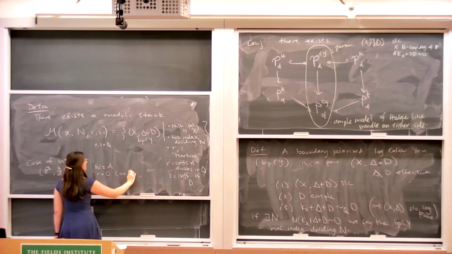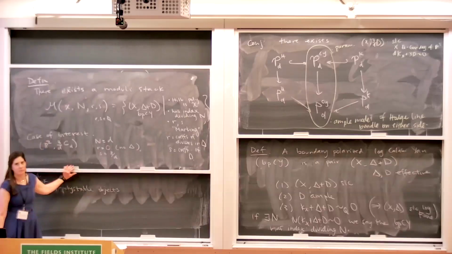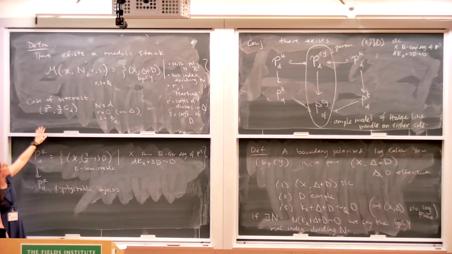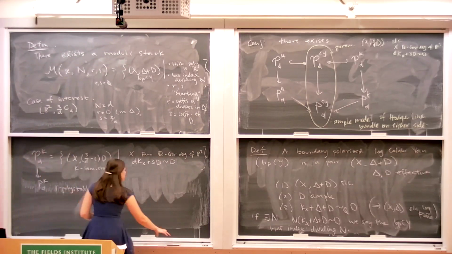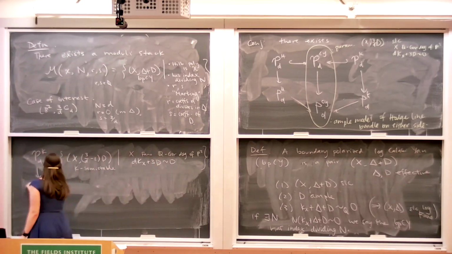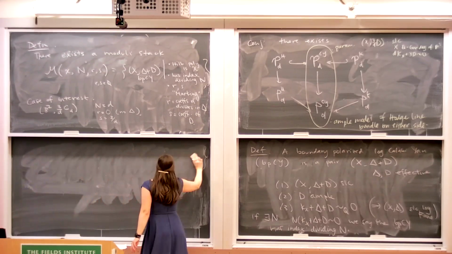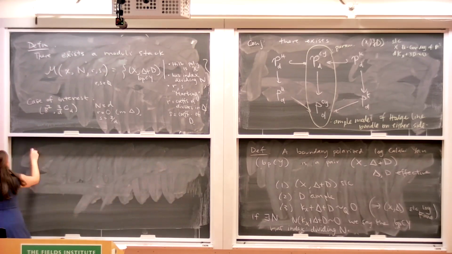There's no delta, and S will be 3 over D. So this is the case that we'll be the most interested in, and chi is the Hilbert polynomial of this. You can write it down. But yes, as Joaquin was just asking, there's really a theorem here, namely that the stack actually has good properties. This has the right to be called a moduli stack.